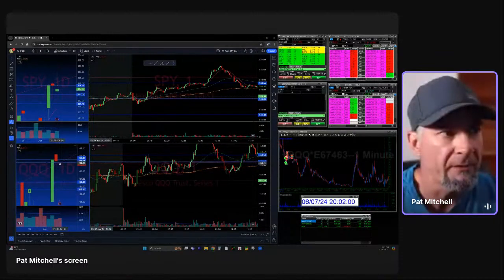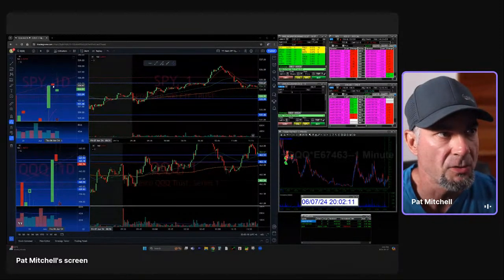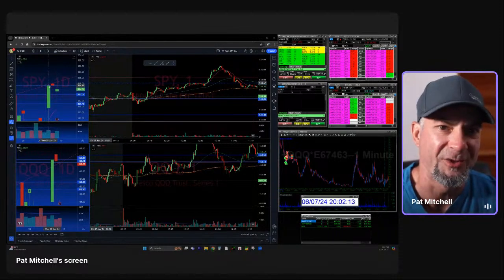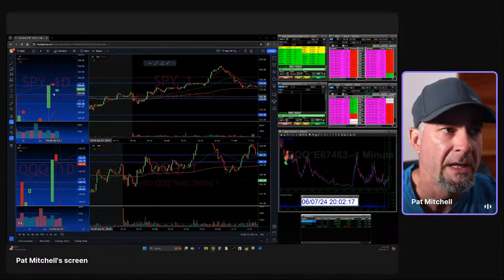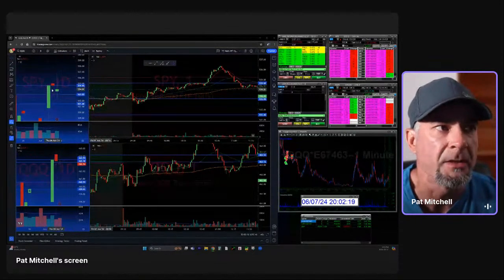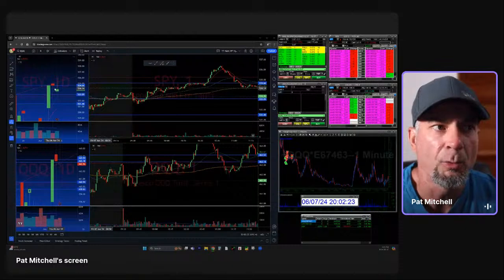I know that these charts are a little small, but that level here on SPY is the previous close and then the previous close again. So you have a volume zone that is backed by two layers of protection. That's what we're looking for.